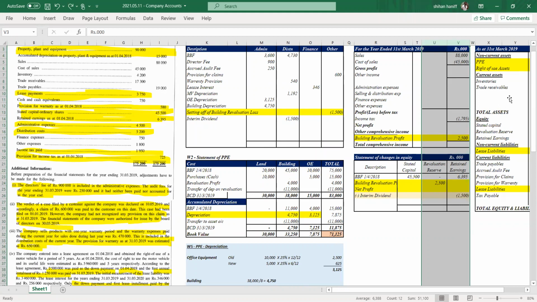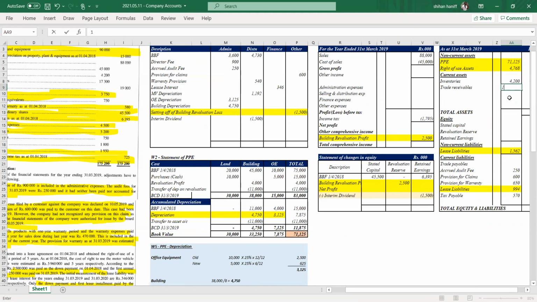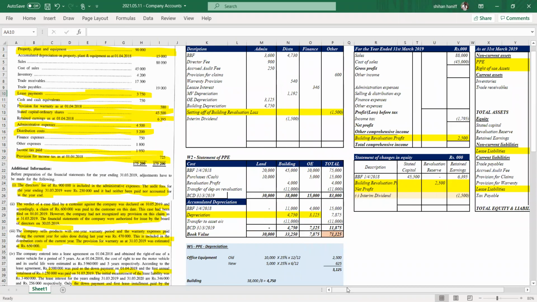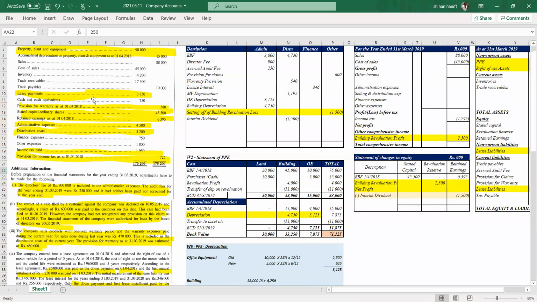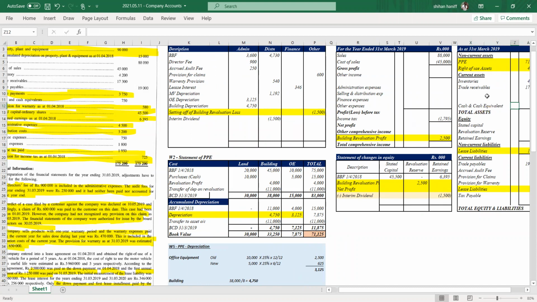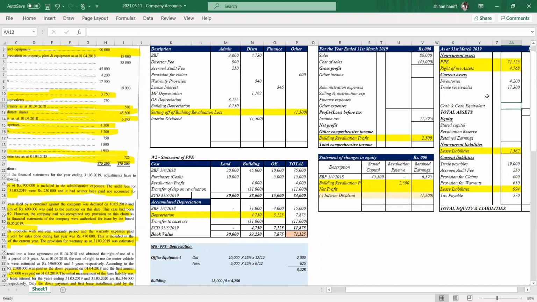Trade receivable 17,300. There's no provision for doubtful debt. Trade payables 19,000. Cash and cash equivalent 750.